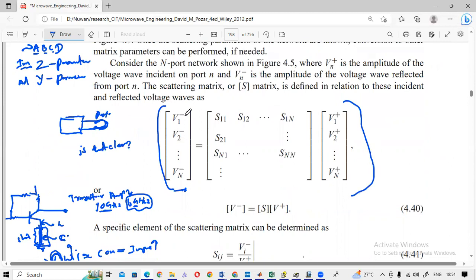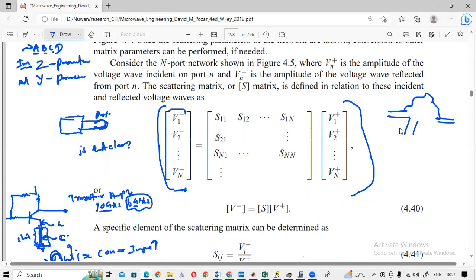So you can see here, as usual, the input network is considered, with the number of ports being n, any value, for the general case.